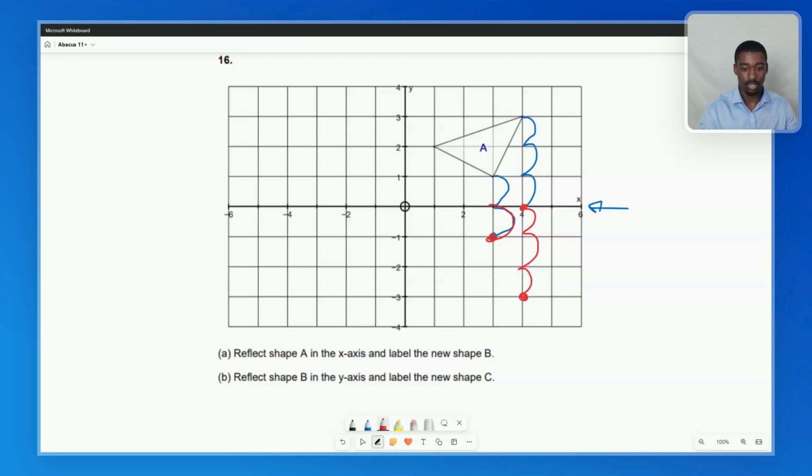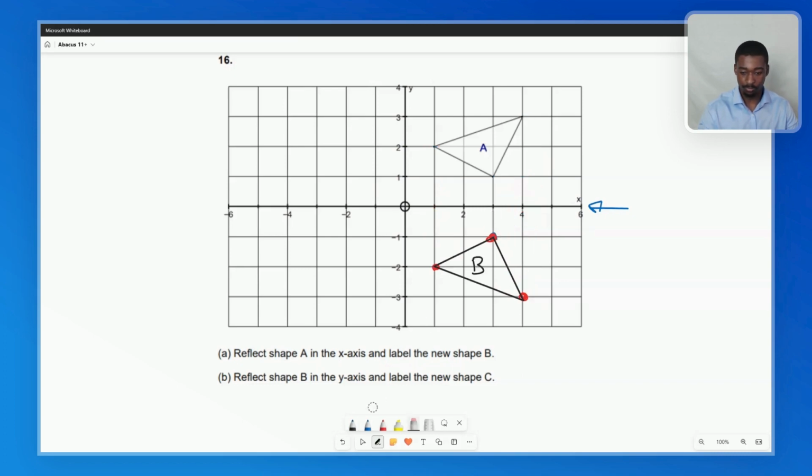Next point. Here, we are 1, 2 away from the line of reflection. So again, 1, 2. Here's our new point. And once we connect them, we have our new reflected shape. And we call this new shape B.